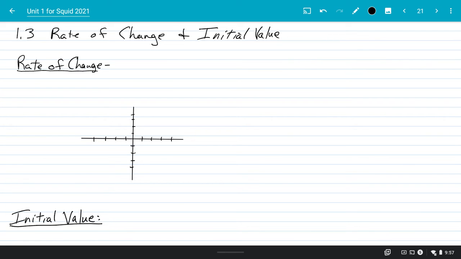Let's start with rate of change. The first thing that often comes to mind when we think of rate of change is slope. What is slope? Rise over run.